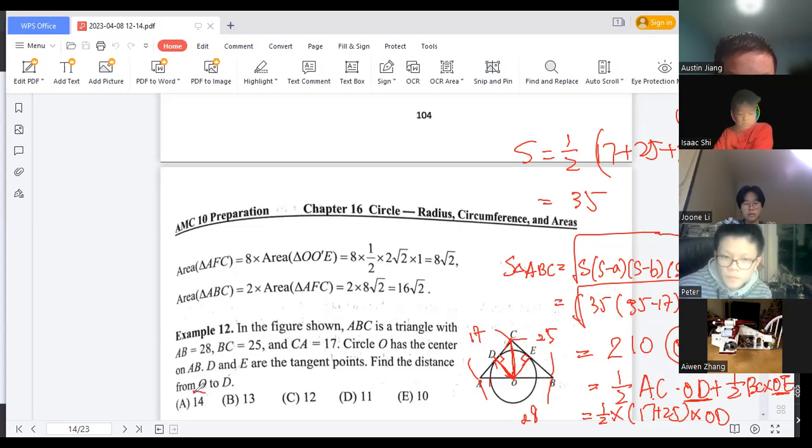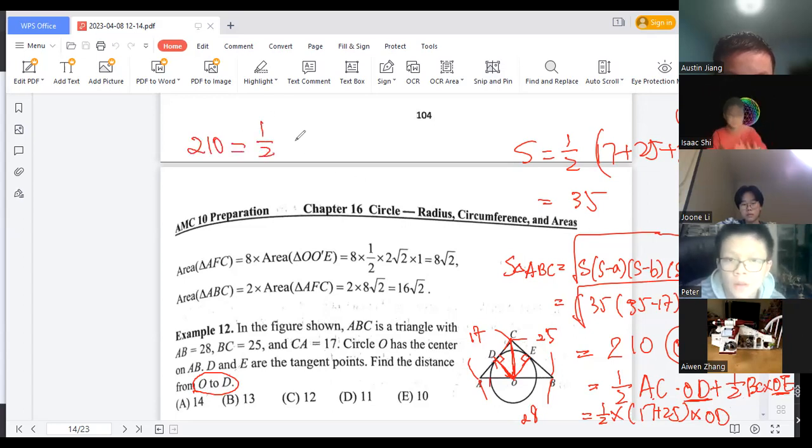Because the question is asking us to find the distance from O to D, I'm using OD. So the equation is 210 equals half times 42 times OD.